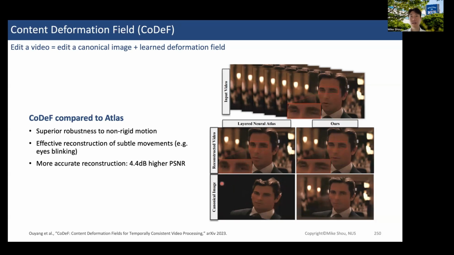More specifically, this is the canonical image from the atlas, and this is the canonical image from the CoDeF approach. They do not have the distortion effect, and also in the reconstructed video, they can reconstruct subtle motion like blinking eyes, but the atlas approach cannot.